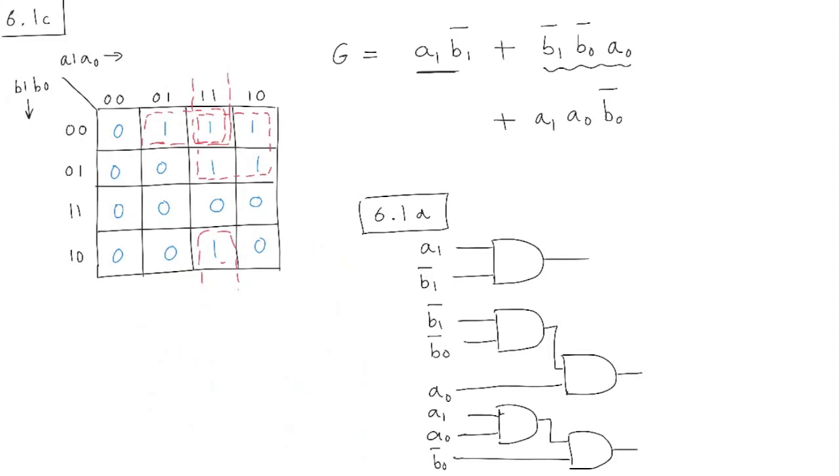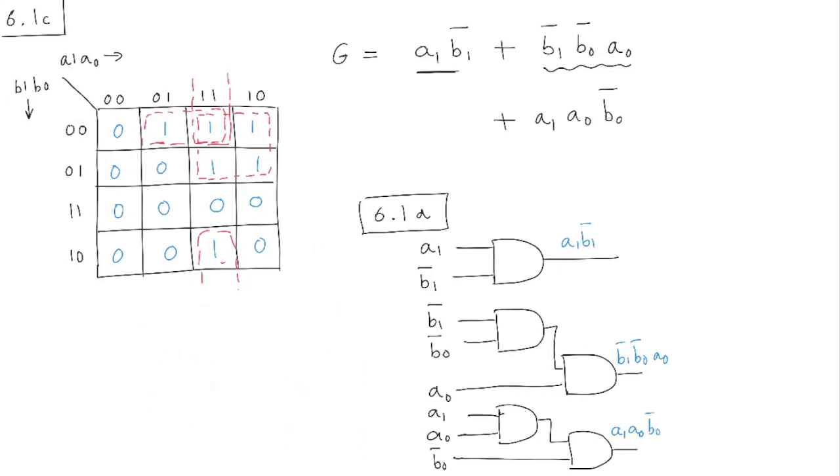Okay, and what we want to do is we want to OR these three terms, right? So let me just write what we are getting. Here we get A1 B1 bar. Here we get B1 bar, B0 bar, A0. And here we get A1, A0, B0 bar, right?